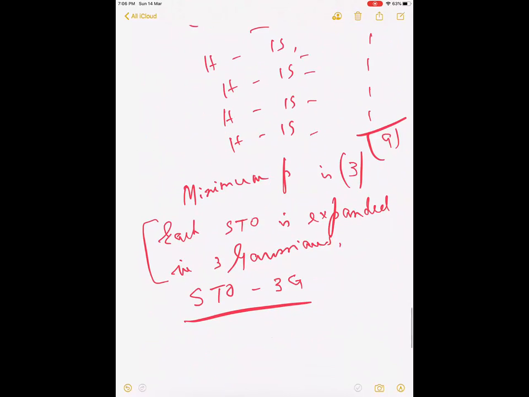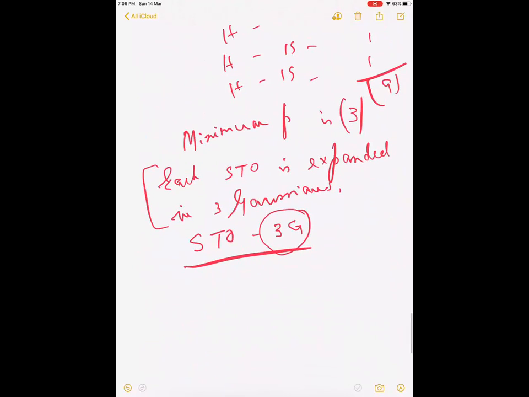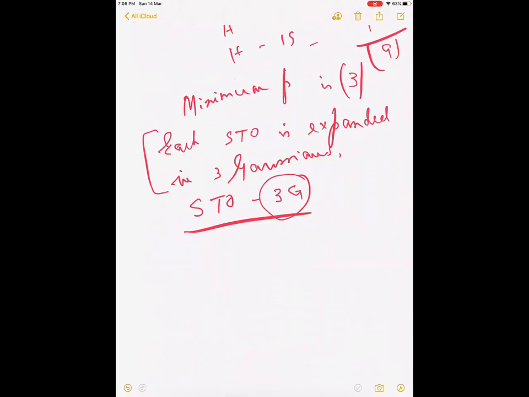But each of the basis functions has been expanded in terms of 3 Gaussians, and this minimal basis is now called STO3G. Very similarly, I can expand in terms of 4 Gaussians, so I have STO4G, STO5G, and so on.